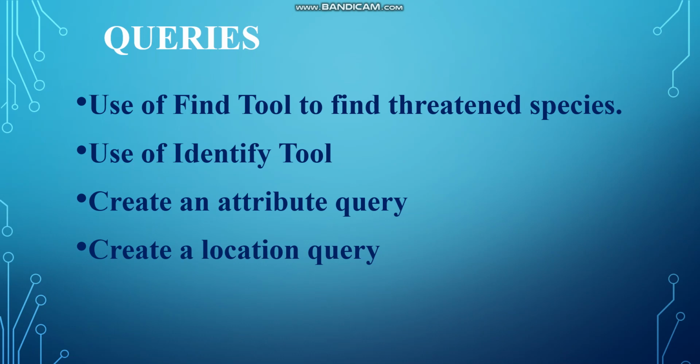Both of these first two are used for individual queries, but when we have to query multiple features in a dataset or in a map, we can create an attribute query, which is also known as a non-spatial query, and then we will proceed towards a location query or a spatial query. Okay, let's move towards our ArcMap having some datasets.